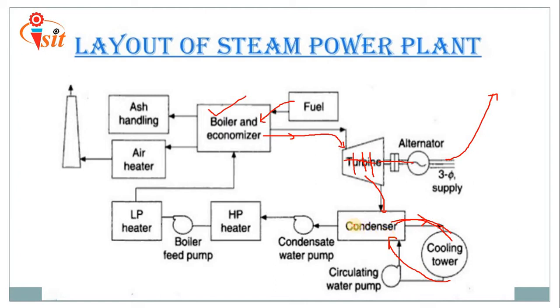And once the water is available, that water enters the high pressure heater through the condensate extraction pump. As far as the condenser is concerned, we must prefer the condensate extraction pump. The main function of the condensate extraction pump is to send that condensate into the tank, that is, the HP heater tank.